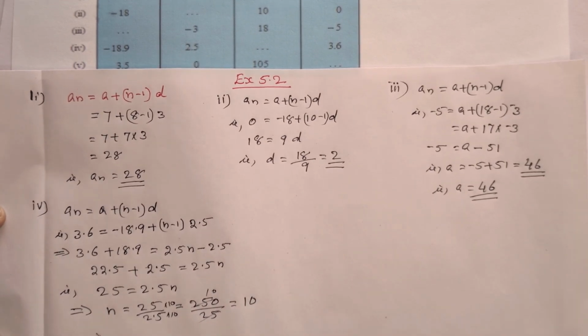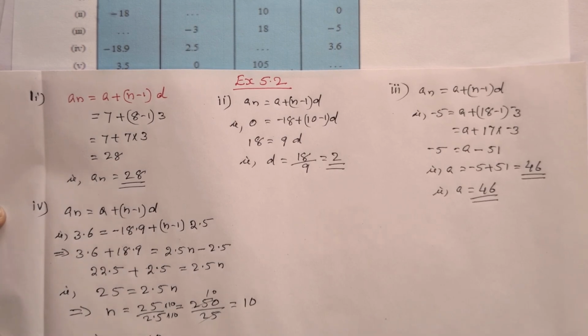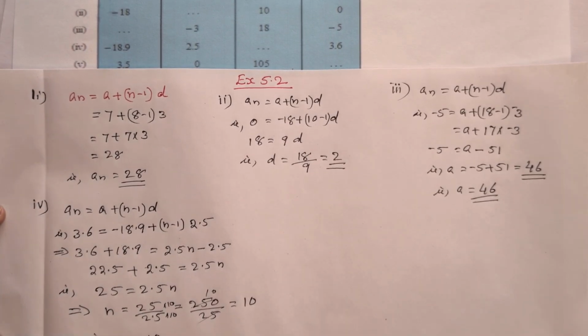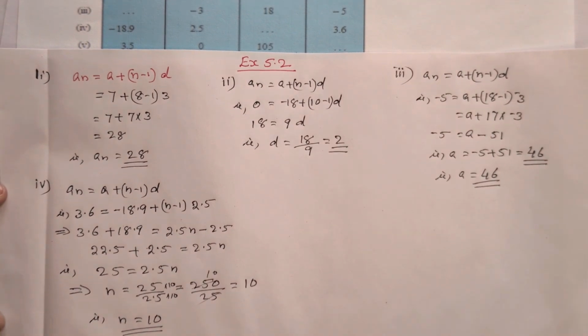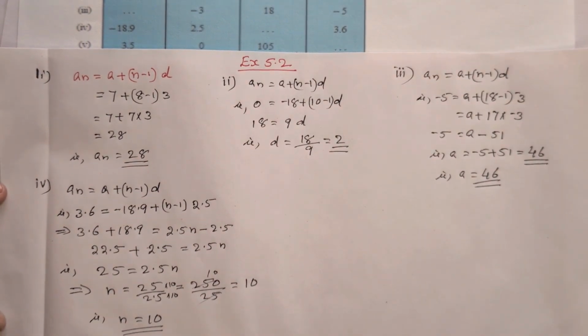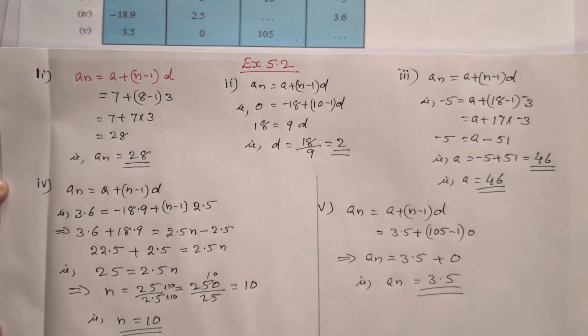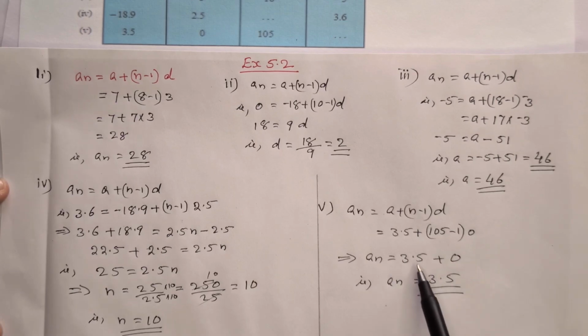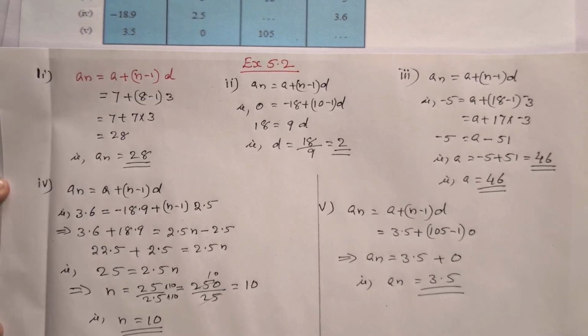And that is N is equal to 10. The fifth one, D is equal to 0. So the entire term it will come as 0. Then AN is equal to 3.5.